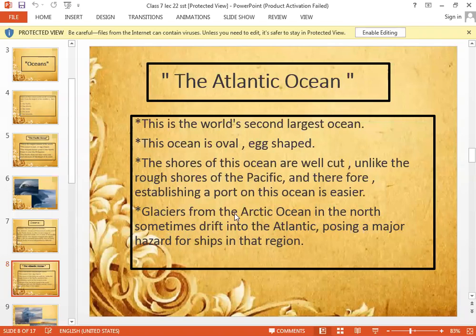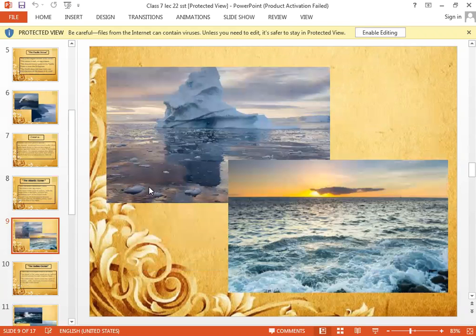So glaciers from the Arctic Ocean in the north sometimes drift into the Atlantic, posing a major hazard for ships in that region. First of all, you can see here is a beautiful picture of the glacier, which is going to drift and which is going to melt.